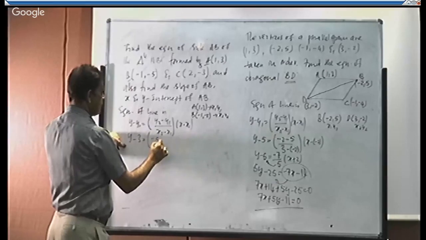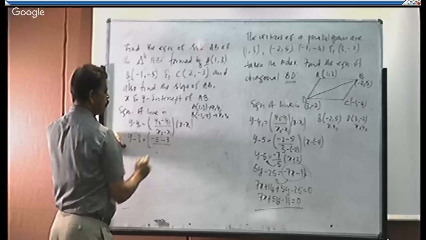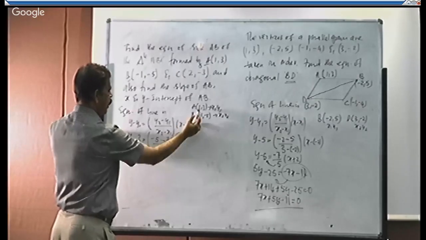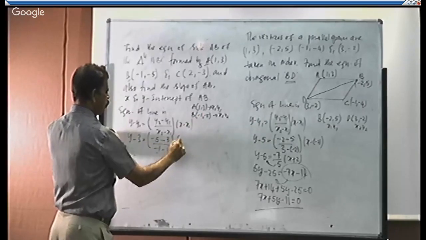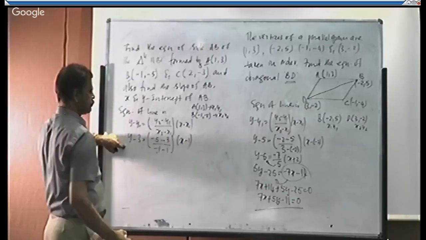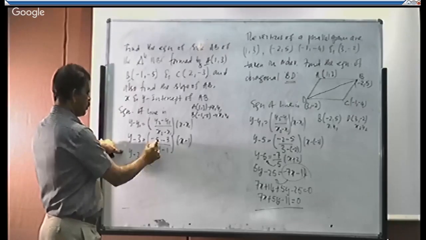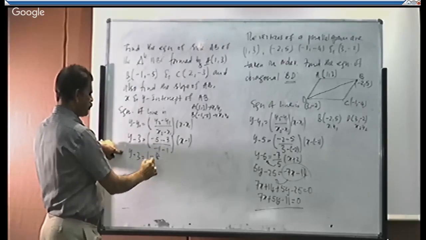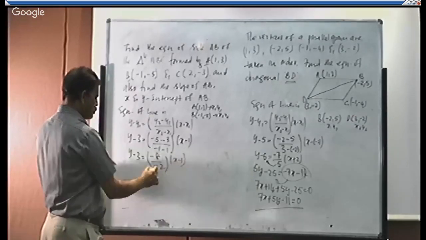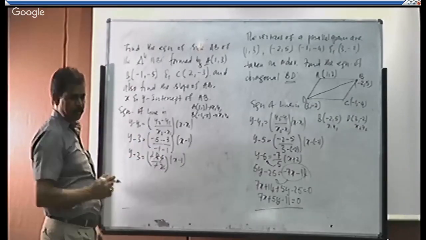Minus 5 minus y1, which is 3, divided by x2, which is -1, minus x1, which is 1, into x minus x1, x1 is equal to 1. Right? y minus 3 is equal to -5 minus 3, it is -8, divided by -1 -1 = -2, into x minus 1. So minus minus cancel. 2 4s are 8.